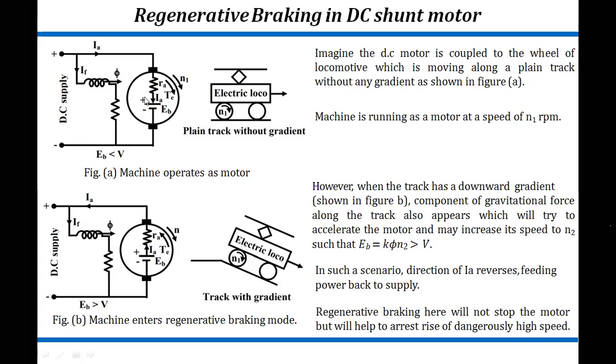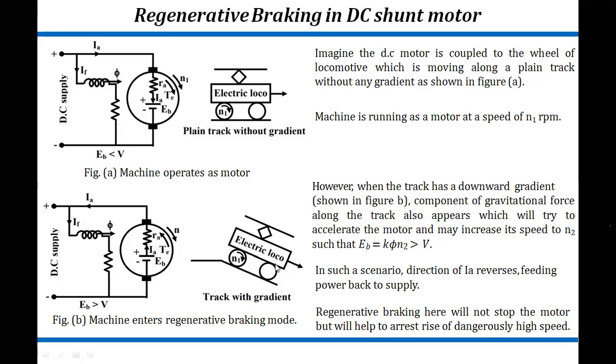At that time, we can say our DC machine is running as a DC motor because there will be no gradient. But when there is a track and the slope is downward, as shown in figure B, the component of gravitational force along the track also appears, which will try to accelerate the motor and which will increase the speed.